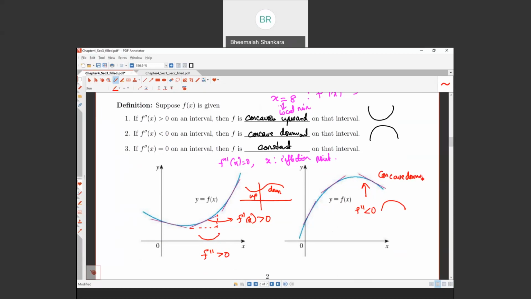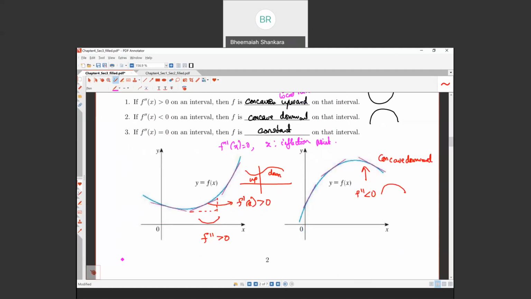So concave up and concave down, you should be a little careful about the pattern of the curve to say whether you have the second derivative positive or the second derivative negative. And if you are finding the inflection point, you know that you want to check the point where the f double prime is equal to 0.